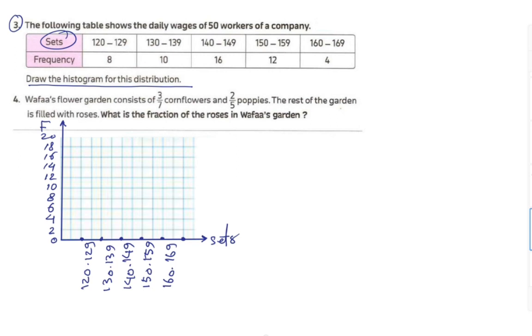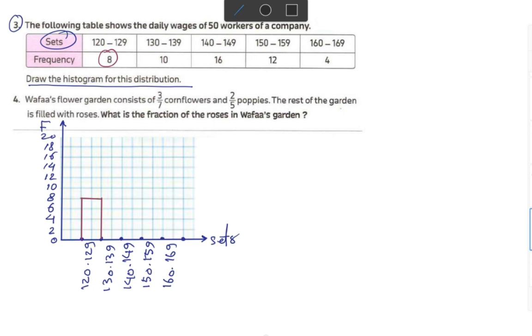The first interval, 120 to 129, has a frequency of 8. So you will draw a line from 8. Where is 8? Here. At the start of the interval and the end of the interval, and close the column here.